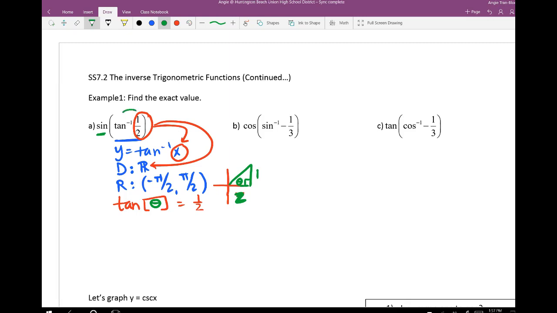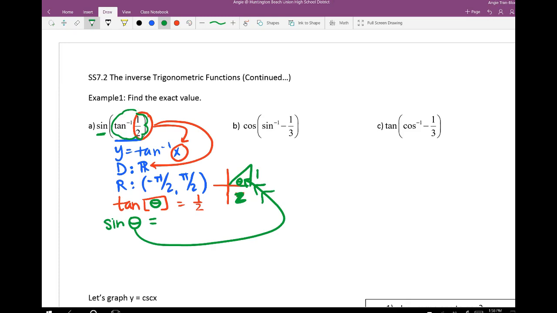So this whole thing right here can now be filled in with theta. So now we can say, sine of theta is, oh my goodness, this theta and this theta are the same thing. Can you believe it? And yes, it's in that same quadrant because that's where we drew it from tangent inverse. So guess what the answer is?